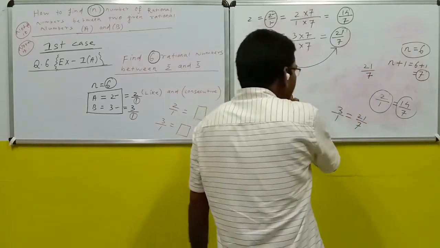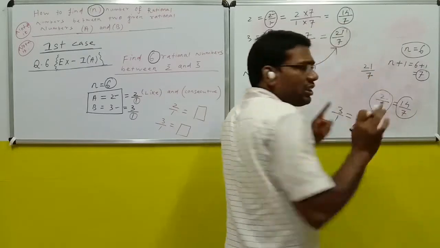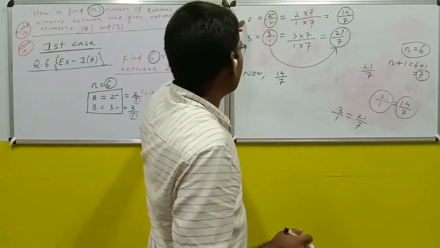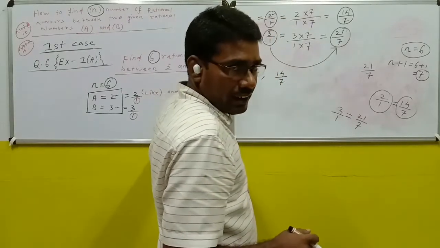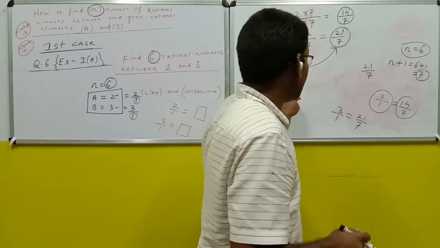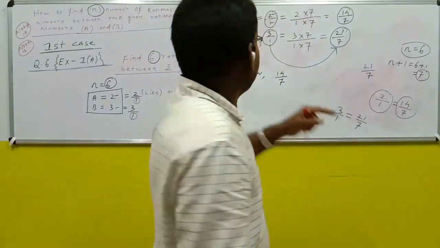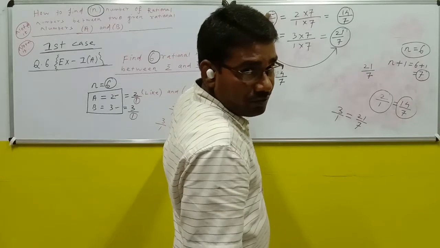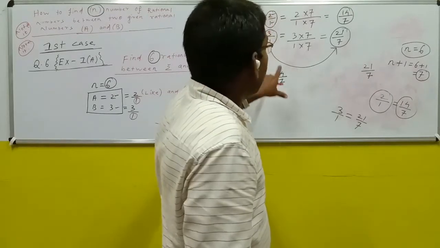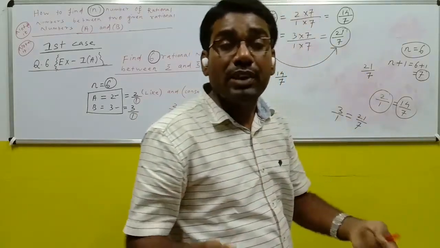Now, 14 by 7 and 21 by 7. Suppose these two are your given rational numbers instead of 2 by 1 and 3 by 1. ये दोनों 14 by 7 and 21 by 7, ये दोनों अभी तुम्हारा रेशनल नंबर हो गया. इसके बदले में 2 by 1 and 3 by 1 का बदले में 14 by 7 and 21/7 your given rational number हो गया.